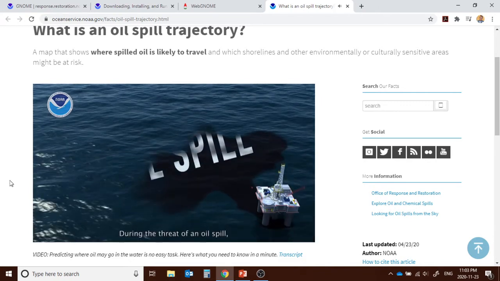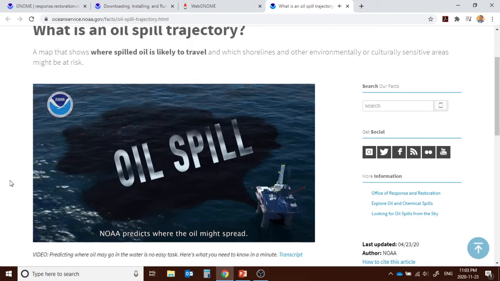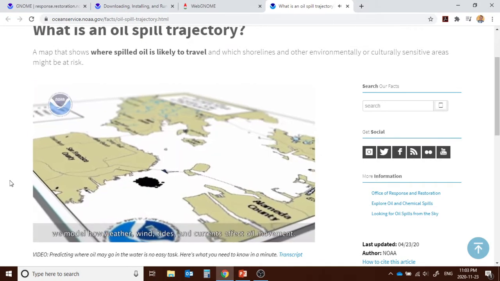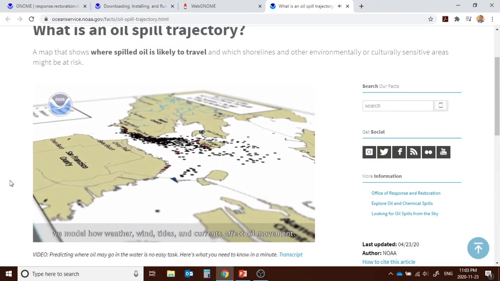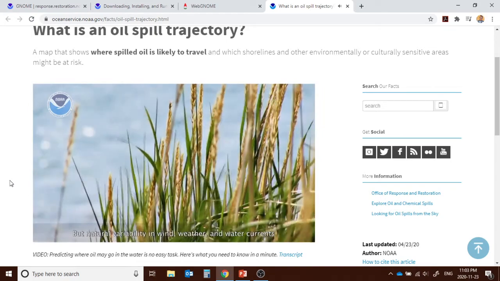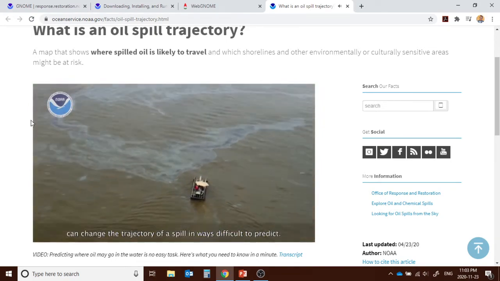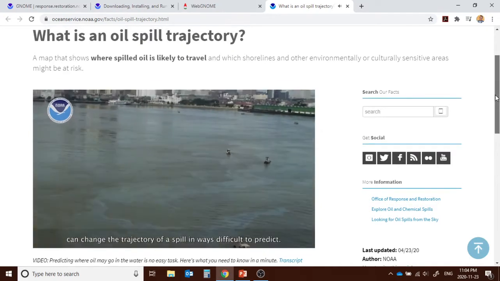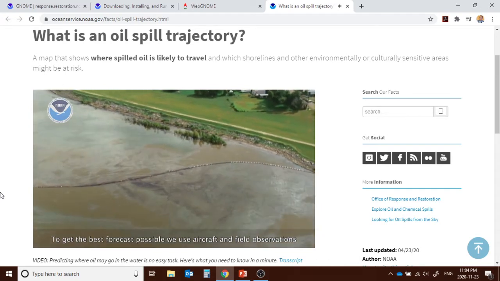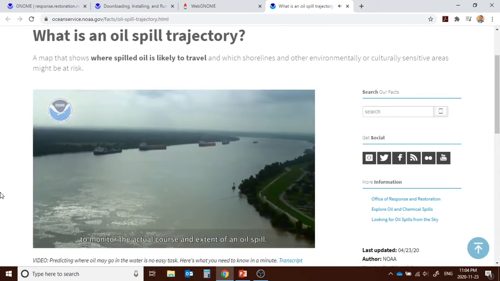Okay. During the threat of an oil spill, NOAA predicts where the oil might spread. To predict where oil might go, we model how weather, wind, tides, and currents affect oil movement. But natural variability in wind, weather, and water currents can change the trajectory of a spill in ways difficult to predict. To get the best forecast possible, we use aircraft and field observations to monitor the actual course and extent of an oil spill.